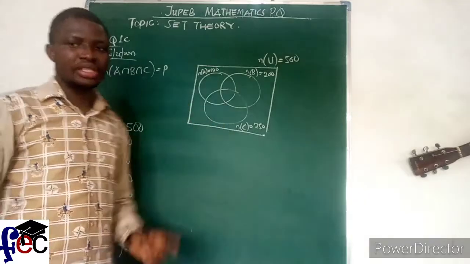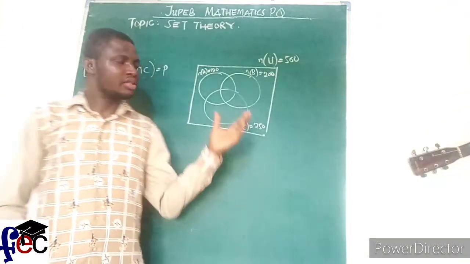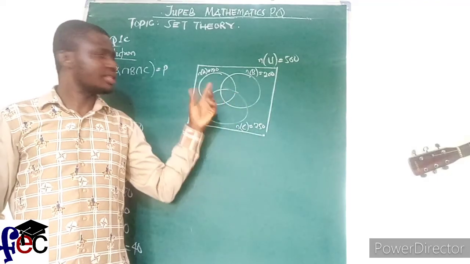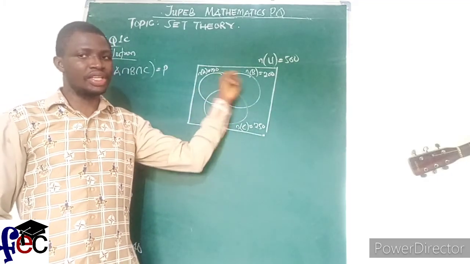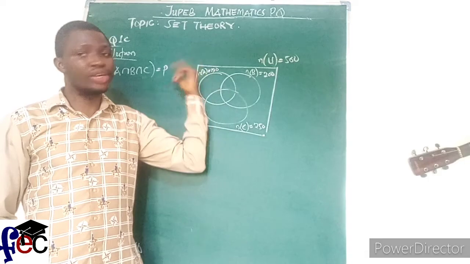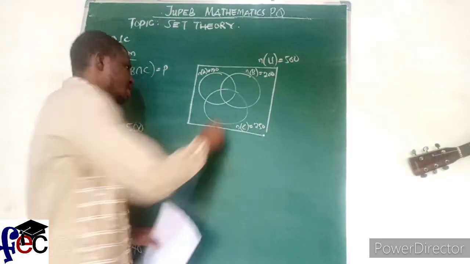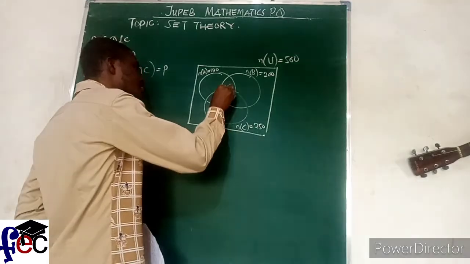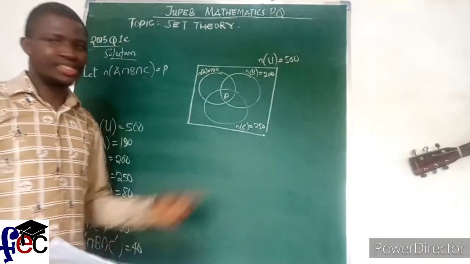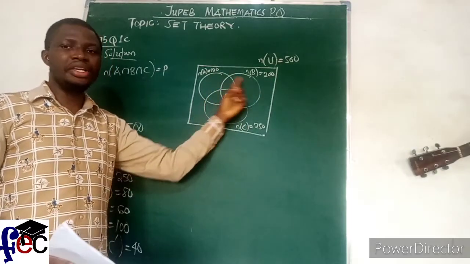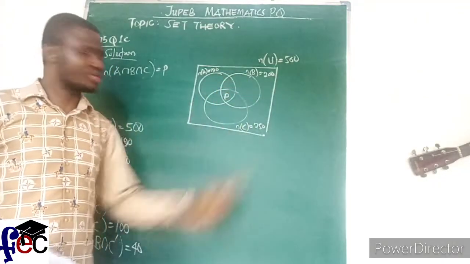When you have this representation, the first part to fill up, to make your work easier, is the intersection of the 3 subsets, which we were not given, and we represented that with P. So this section is P, because that is the region common to the 3 circles.